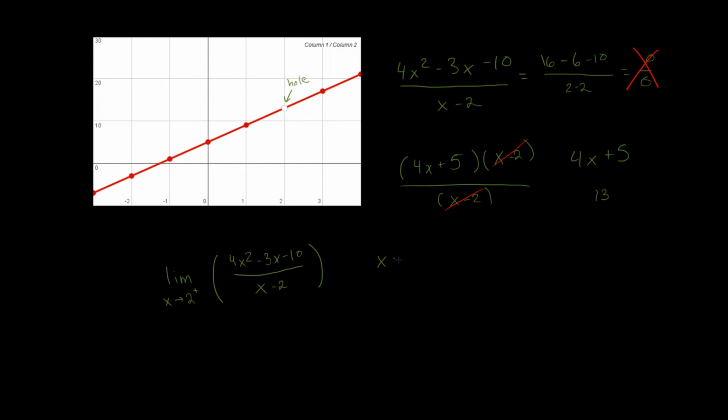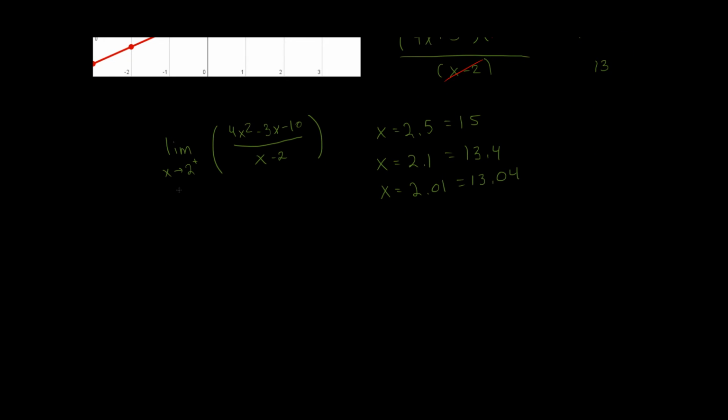So I'm going to try x equals 2.5, x equals 2.1, and x equals 2.01. Now you can work this out on the calculator. I did it beforehand. So when we plug 2.5 into this function, we get 15. When we plug 2.1 in, we get 13.4. And when we plug 2.01 in, we get 13.04.